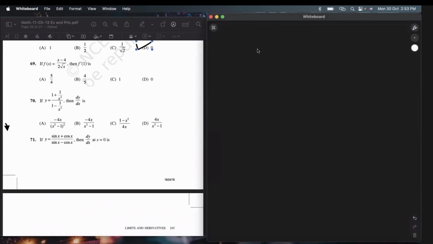It has been given to me that f(x) is equal to x minus 4 divided by 2 times under root of x. Then they want us to find f dash 1, right? The same question that we had above. There they first wanted us to find dy by dx and put the value of x equal to 1. Now it is more convenient to write it like this. Alright. Now if we just simplify this, what will we be left with?